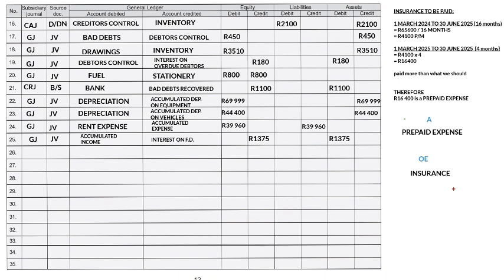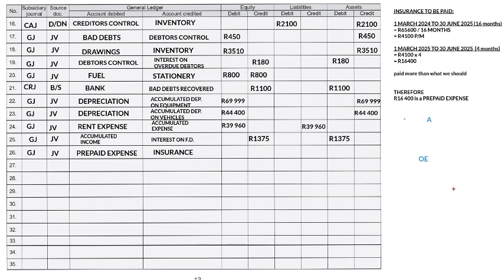So let's put all of this information onto our answer sheet. The journal involved is your general journal. Your source document is your journal voucher. The account to be debited is prepaid expense. The account to be credited is your insurance expense account.